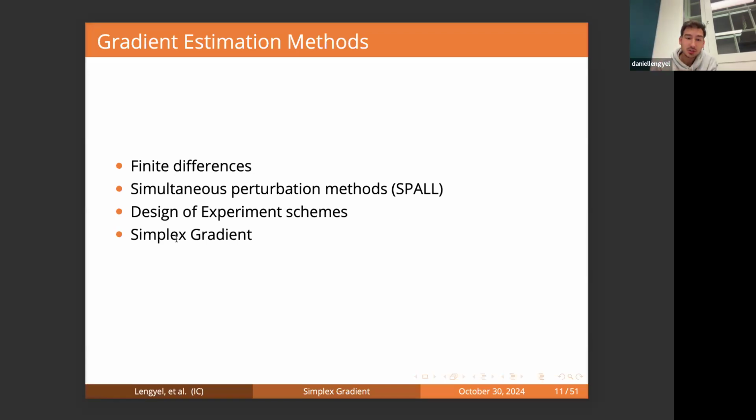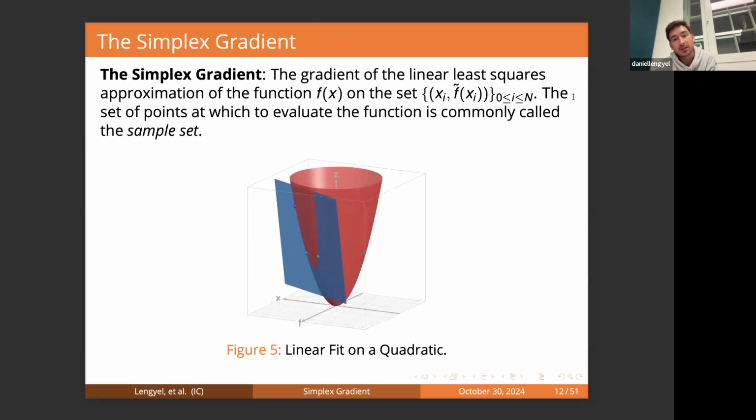Instead, it can be generalized by the simplex gradient. The simplex gradient also generalizes the others in some sense. Don't have to go into it, but the simplex gradient is defined as the gradient of the linear least squares approximation of the function f(x) on some set. And the set of points at which we evaluate the function is commonly called the sample set. So now we can make the things we've been talking about a bit more precise.